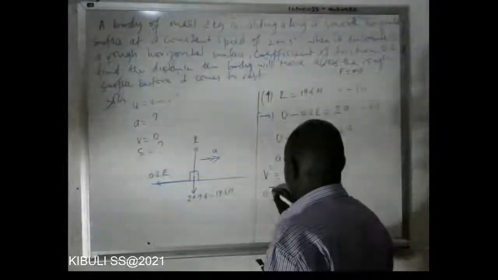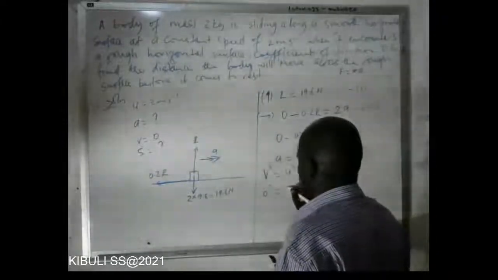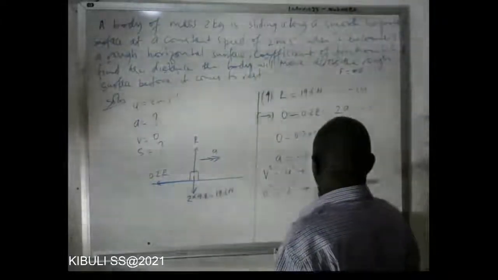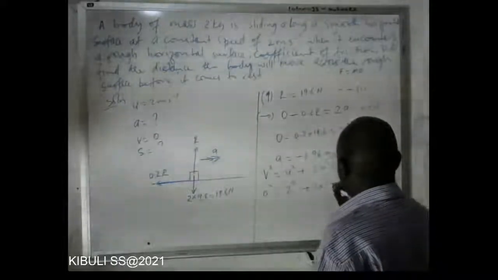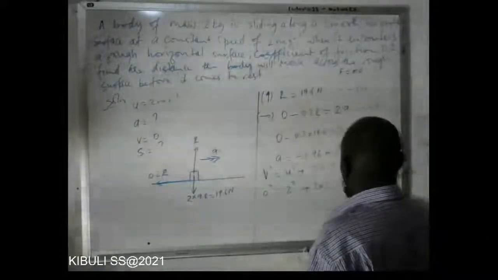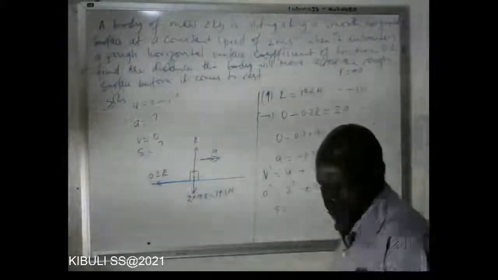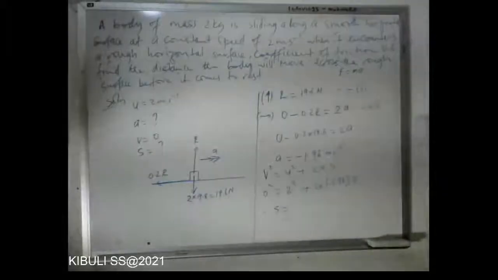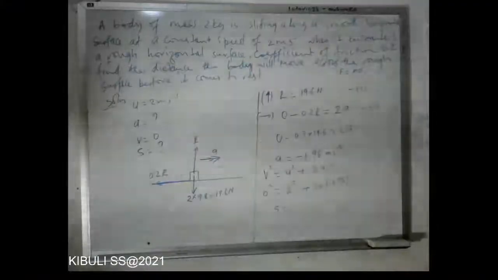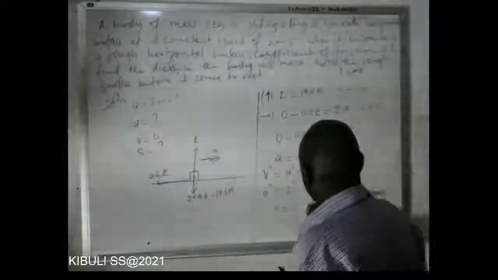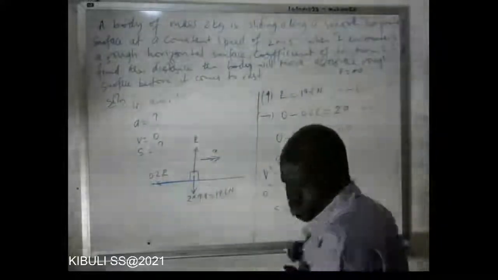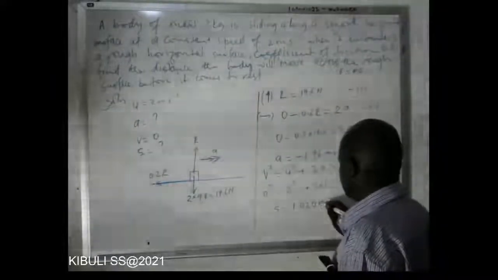Our V is 0, U is 2, plus 2 times the acceleration, which is negative 1.96, times S. When we calculate this, we get S, the distance across the surface through which the body moves. So the distance is going to be 1.020 meters. That is the distance across the surface.